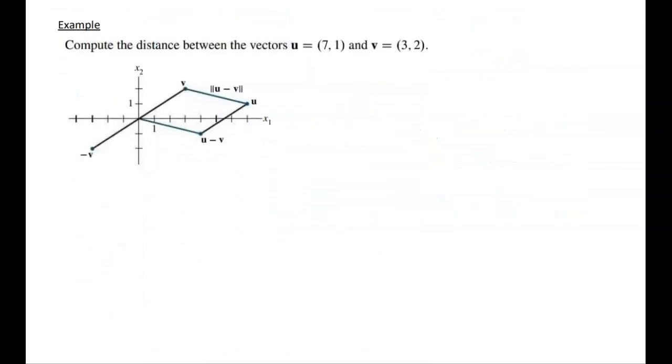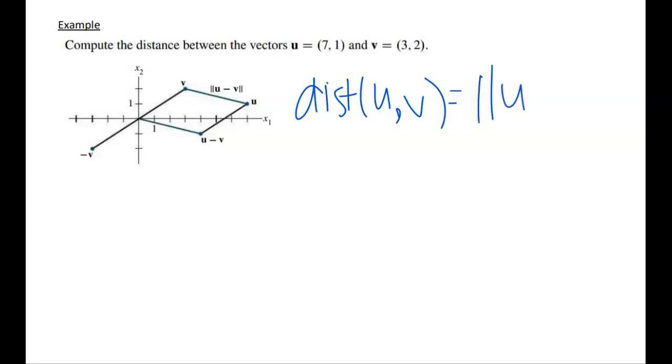All right, now let's talk about distance. So the formula for distance is as follows. The distance between u and v is the norm of u minus v. And I want to show you with a graphic here why that's the case, specifically for these unit vectors, but just in general.